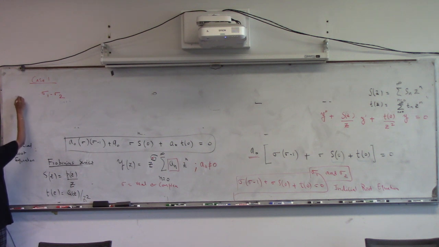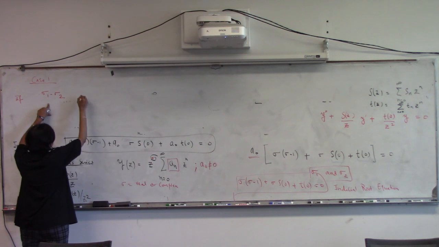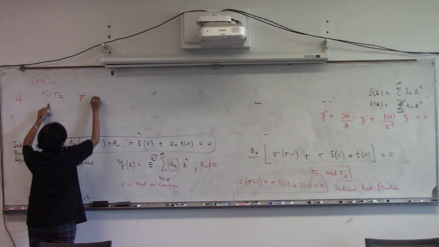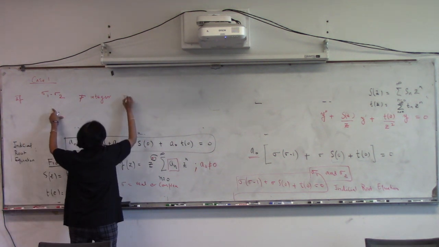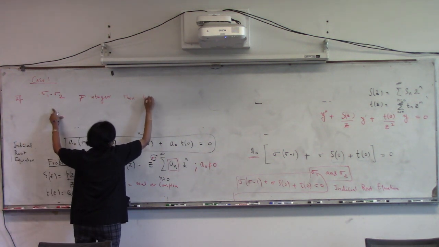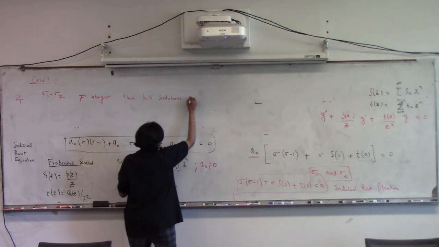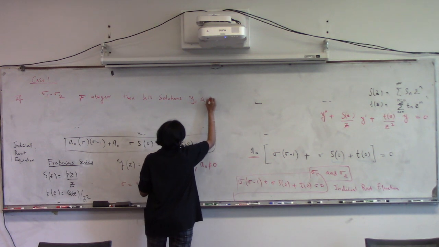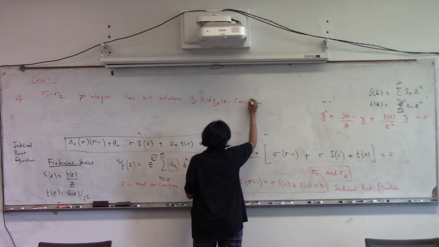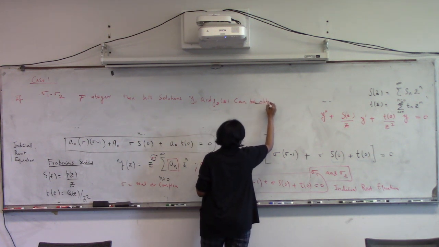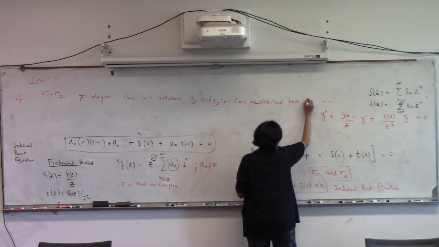If the difference between the initial roots is not an integer, then both solutions y1 and y2 of z can be obtained from the Frobenius series.